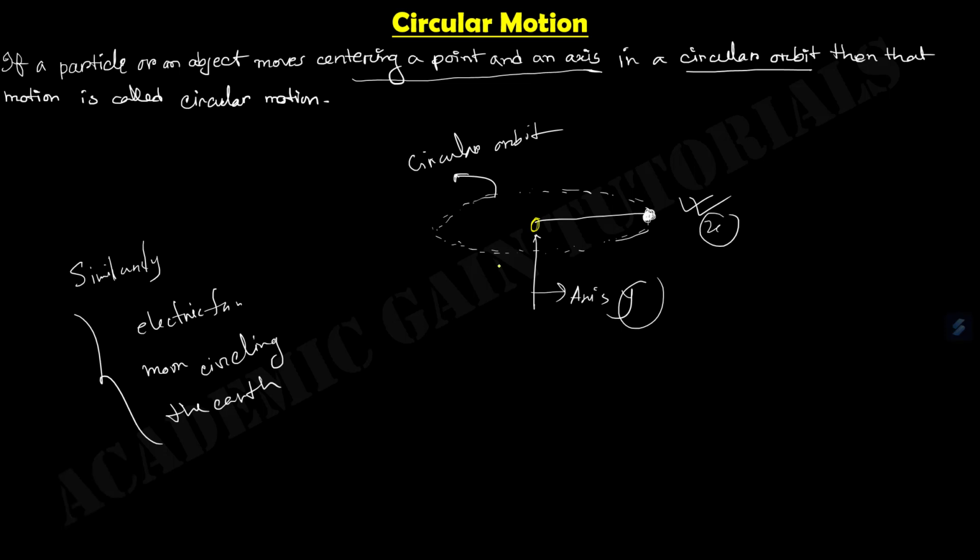Here another point is, this portion is a radius, as we know from the theory of circle, but this radius is known as the radius vector. So when I use this sign, R, I represent the radius vector.